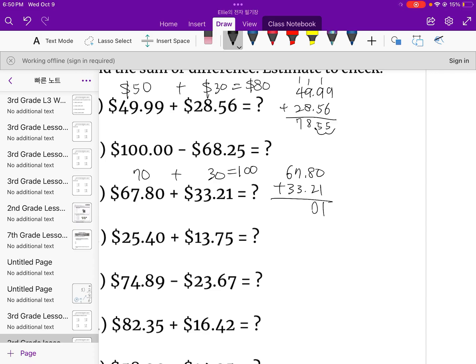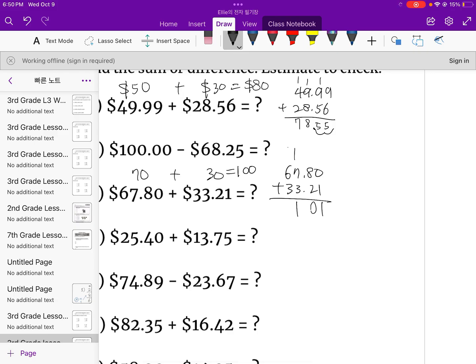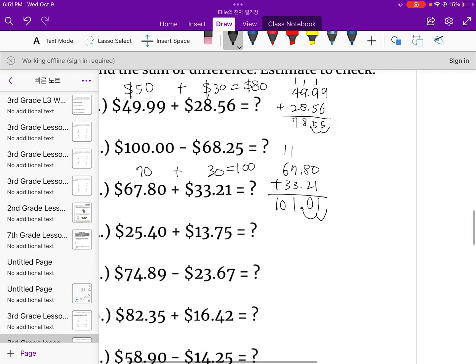So we're going to move the 1 here. And 7 plus 3 is 10, but there's 1 here, so 11, but we're going to move 1 again. So 6 plus 3 is 9, but there's 1 here, so 10. I'm going to move 2 decimal places according to this thing. So 101.01 is our answer.